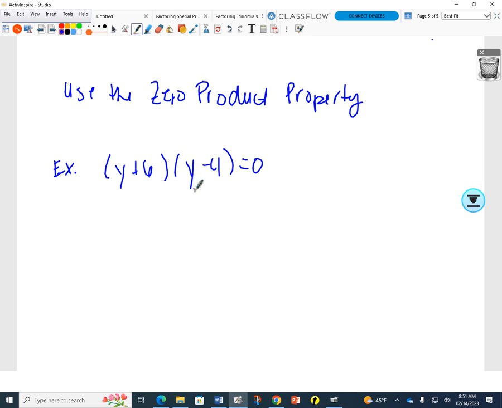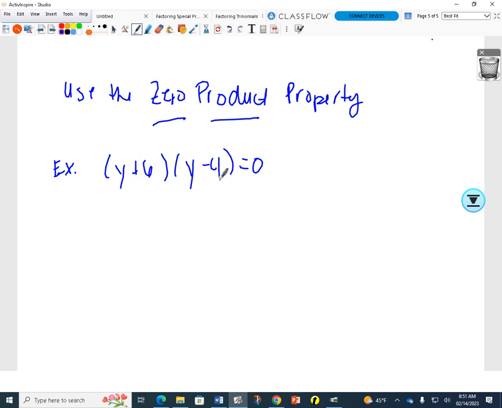So, zero product property. I want the left side equal to 0. So what could I plug into this first grouping symbol, this first factor, to make that factor equal to 0? 0 plus 6 is not 0, so that would be 6 times y minus 4, not necessarily 0, right?